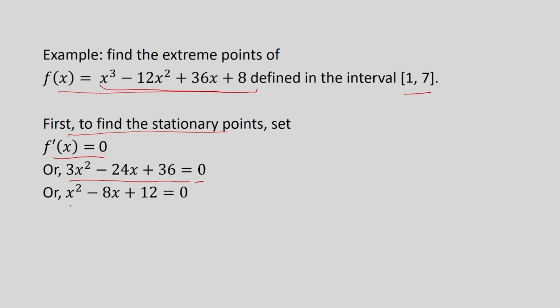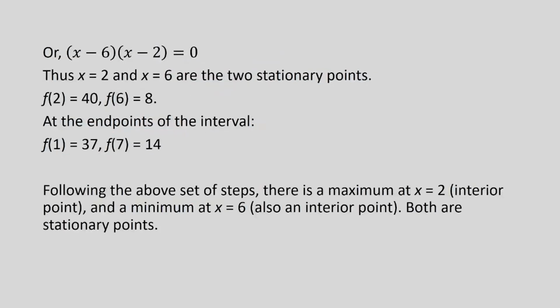So, this simplifies to this expression, x square minus 8x plus 12 is equal to 0. I have divided both sides by 3, and this basically boils down to, I am skipping some steps, x minus 6 multiplied by x minus 2 is equal to 0.